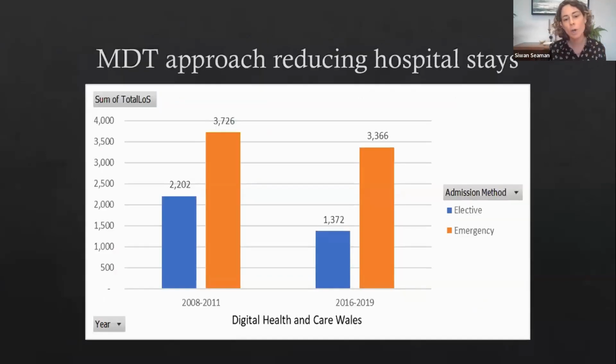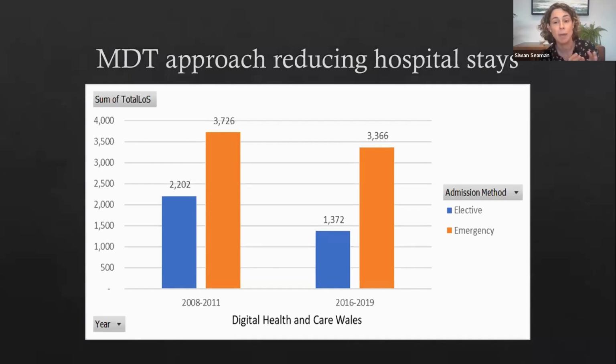This is just a quick graph to try and demonstrate, it's not the most robust methodology, but we did ask the business intelligence team of the digital healthcare record in Wales to provide us data on admissions and length of stay for patients with a coded diagnosis of motor neuron disease on the electronic system.